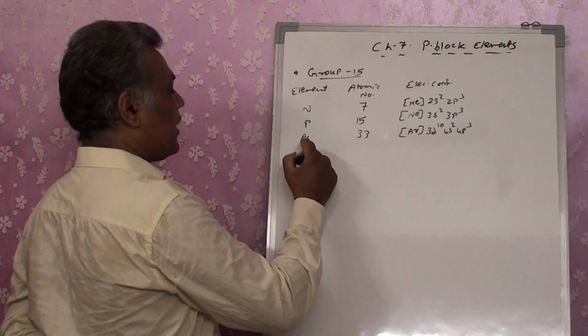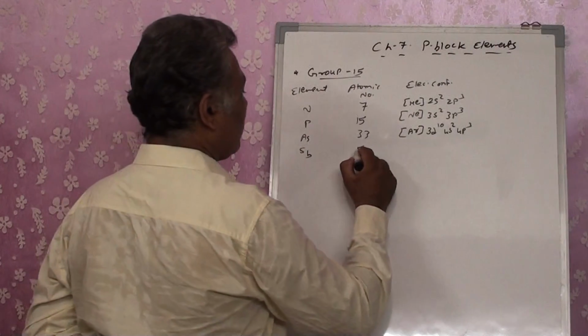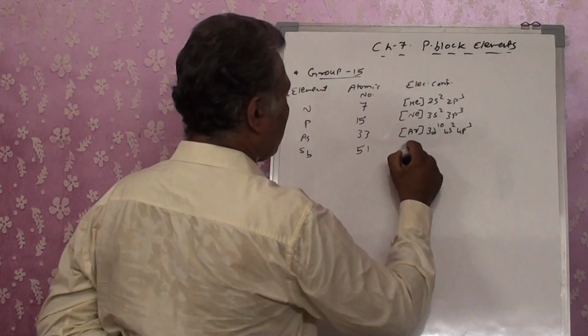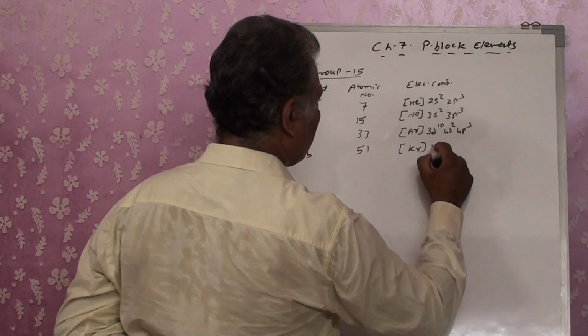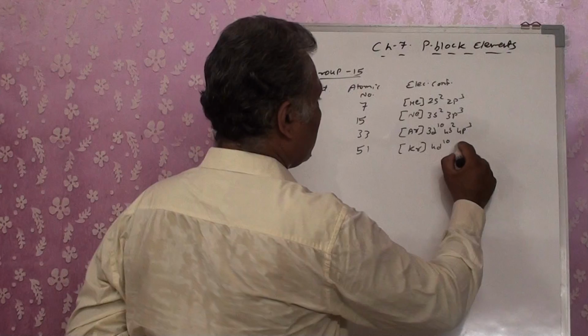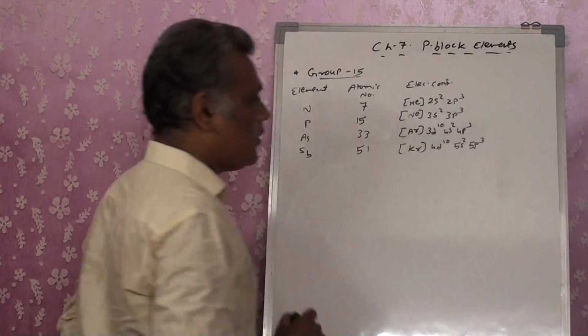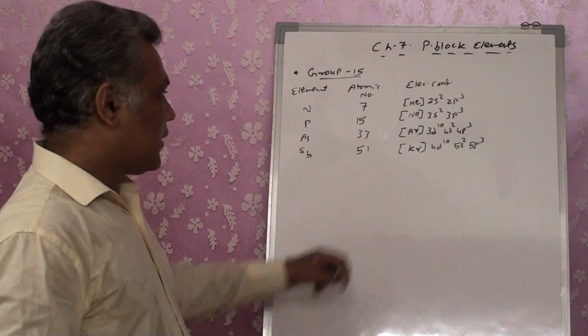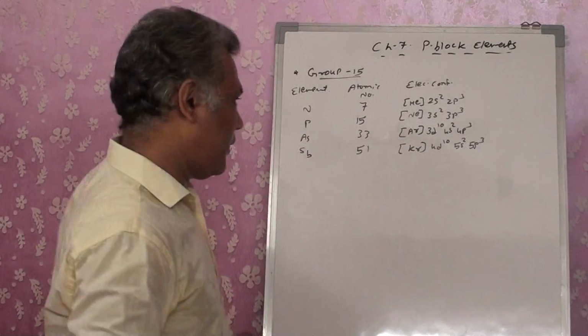Then after arsenic, antimony with atomic number 51: krypton, 4d10, 5s2, 5p3, as 36 plus 10 plus... gives 46, and 51, right?